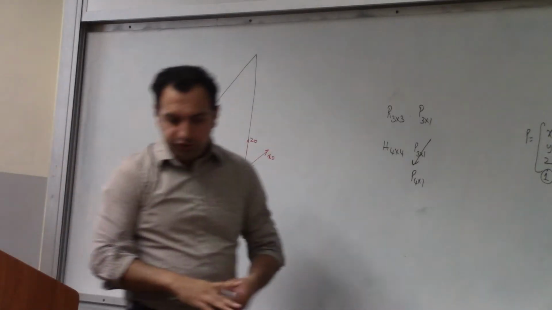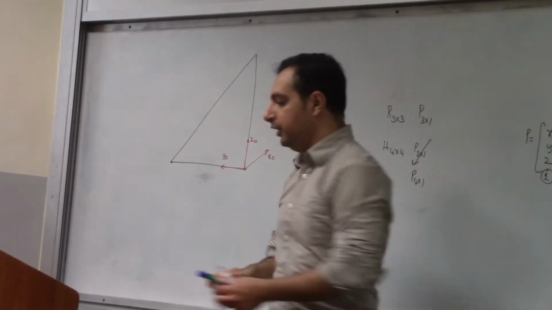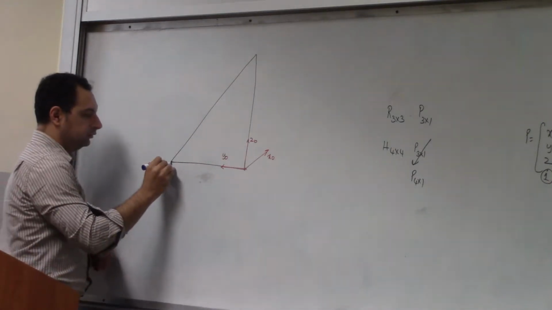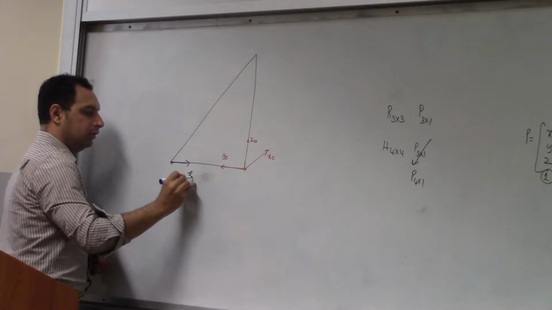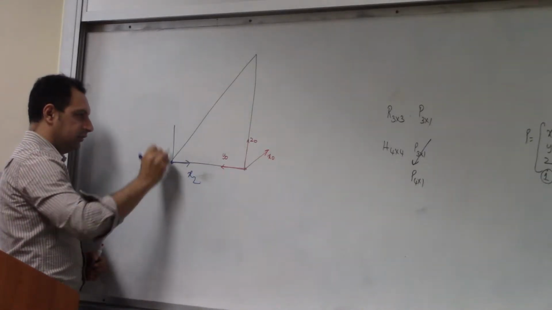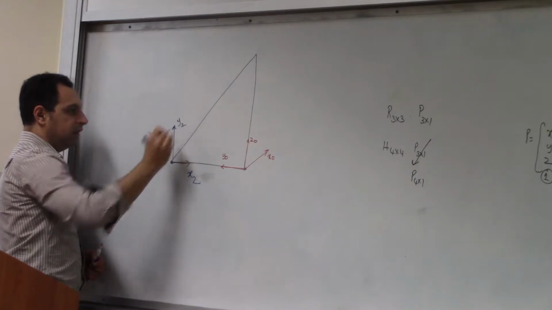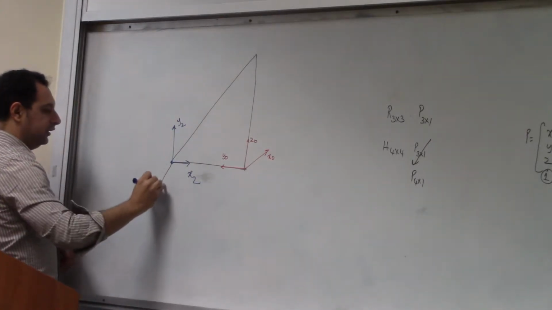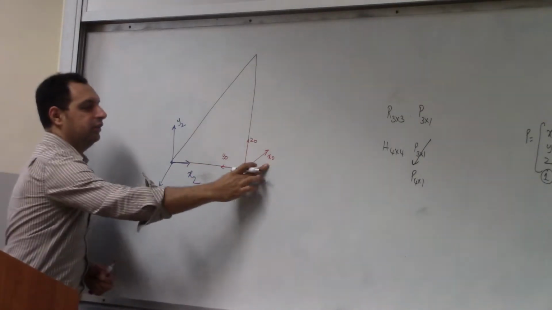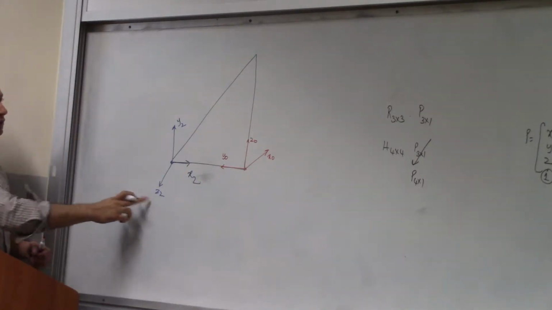Here we have another frame. Actually, we have 3 frames. So this frame is X2. Y2 is upwards. And outside the board is Z2, perpendicular to the board. X1, X0 is within the board, Z2 is outside the board.